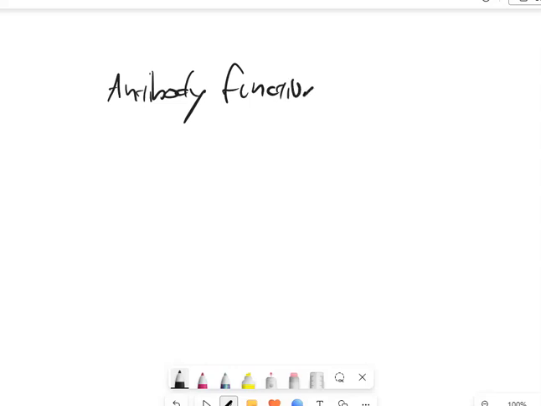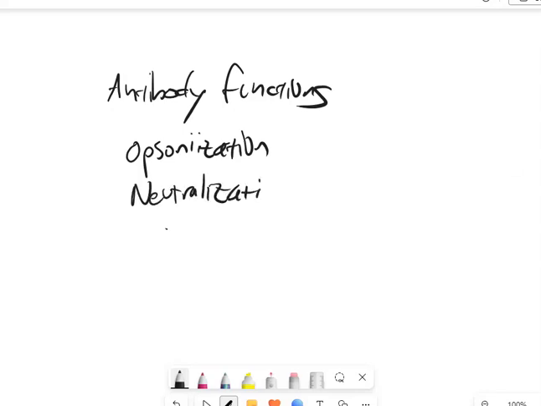functions. And I'm going to list the ones I can remember off the top of my head. Opsonization is a big one. Another big one is neutralization. Another is agglutination, which I think has 2 G's and 1 T. Agglutination.